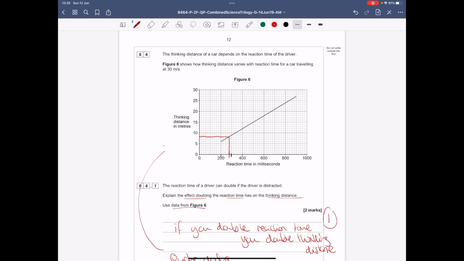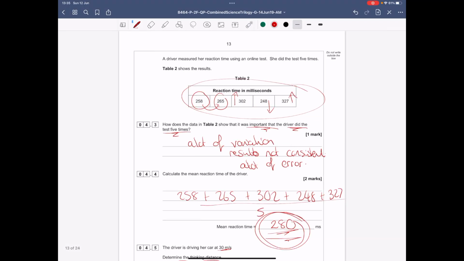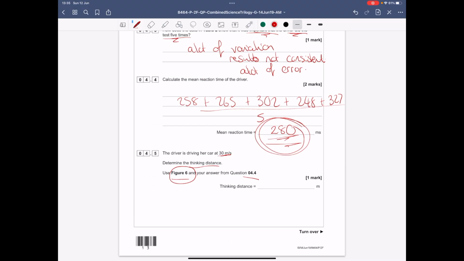It might be a little bit halfway in between. You would use a ruler, and in fact it gives you a range of any answer between 7.9 meters to 8.9 meters, assuming that your answer to question 4.4 was right. If you got this one wrong, you would get error carried forward, and you would just match it up with whatever result you got from question 4.4.